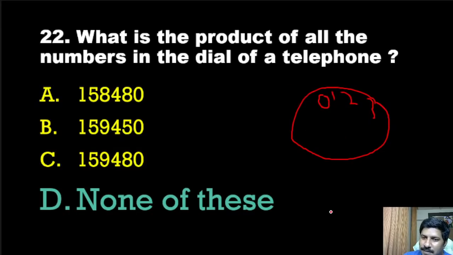So after multiplying 0 with any number, the answer is 0 only. So 0 option is not given. That is why none of these options is correct here. If option 0 was given, then 0 would be the correct answer. But it is not mentioned, so none of these will be correct here.